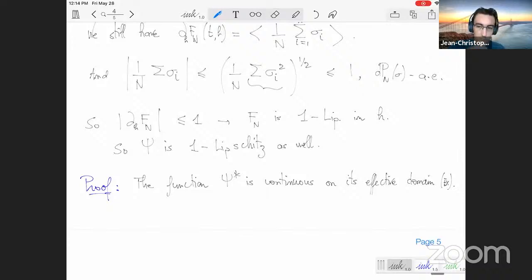I just wanted to simplify the discussion a bit by saying that the supremum is achieved at some specific point, but if you don't like it, you can rework the argument without assuming this.